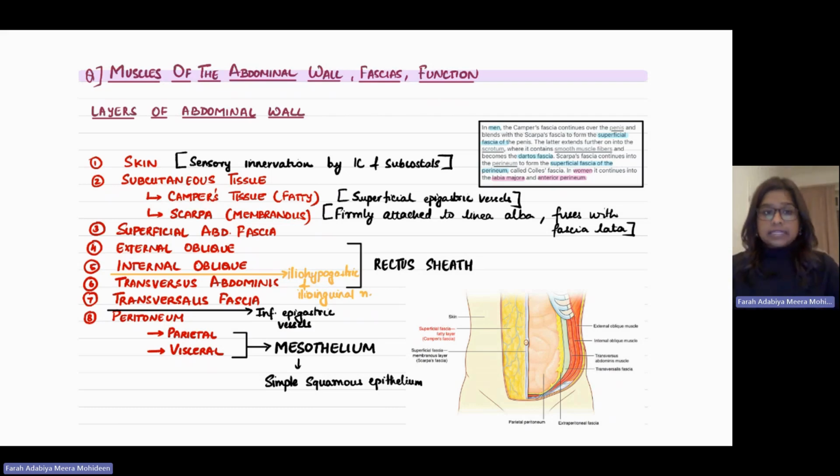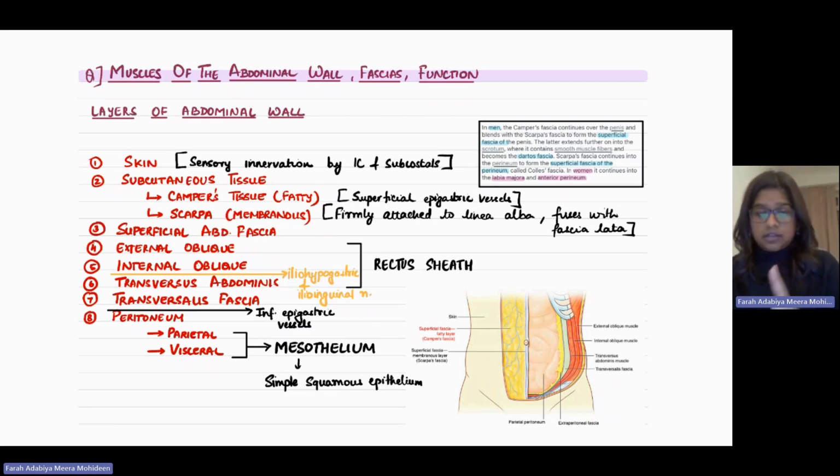Linea alba is basically the fused aponeuroses area of all your flat muscles of the abdominal wall. We'll talk about this in the coming slides. So yes, Scarpa's layer is firmly attached to the linea alba.